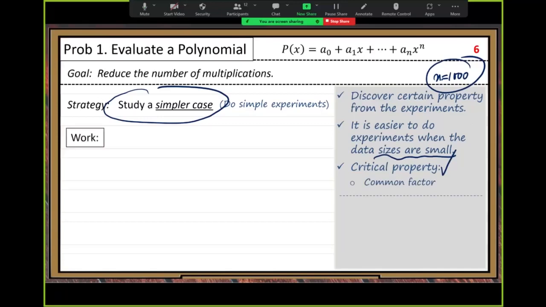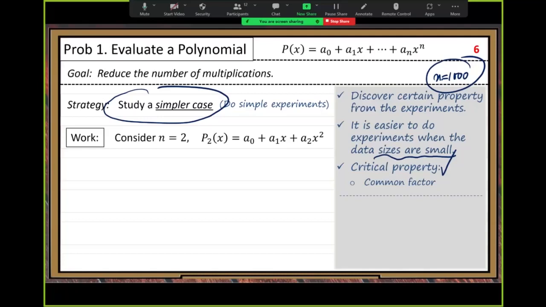Here, let's do the work. We consider n equals 2. That's simple, right? If n equals 1, that's too simple, and we may not get anything meaningful.